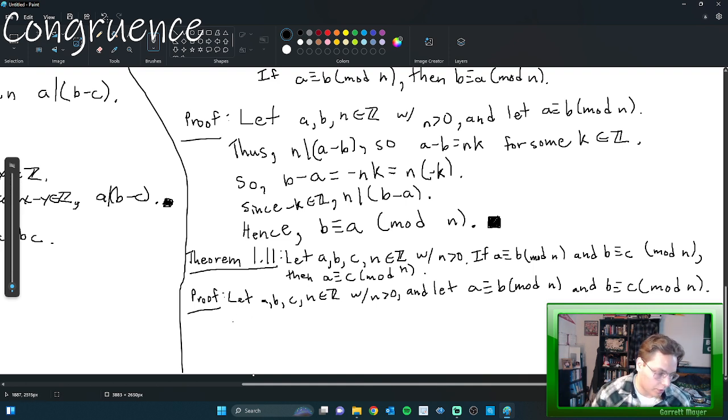From here, by the definition of congruence, we know that n divides A minus B, from the fact that A is congruent to B mod n. So A minus B is equal to nx for some integer x, and B minus C is equal to n times some integer, and we'll call that integer y, for some x, y in the set of all integers.